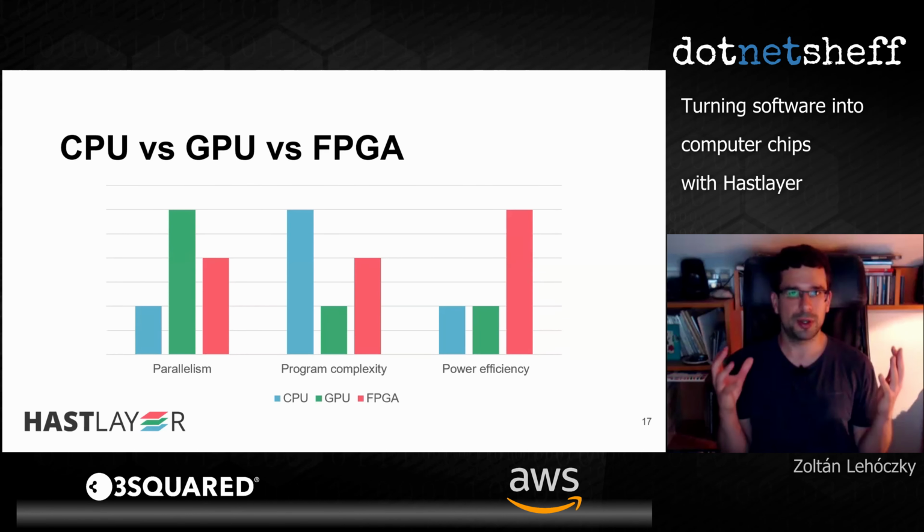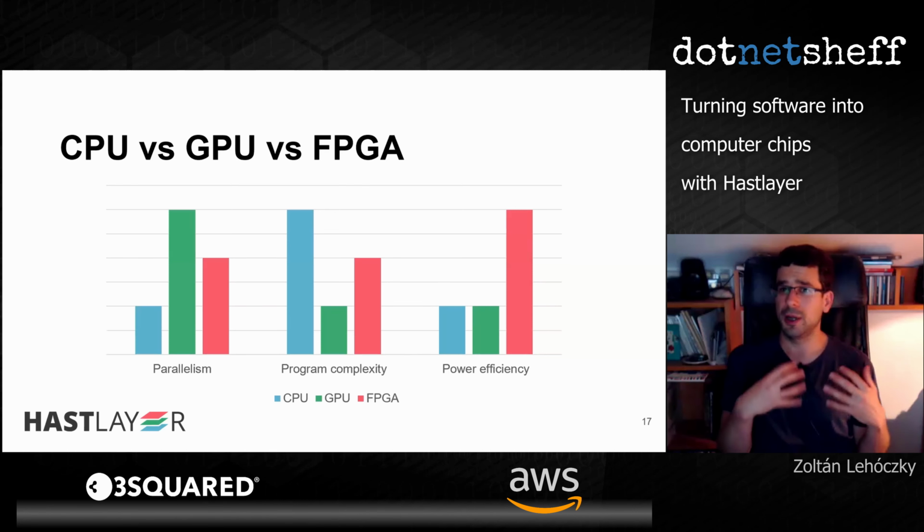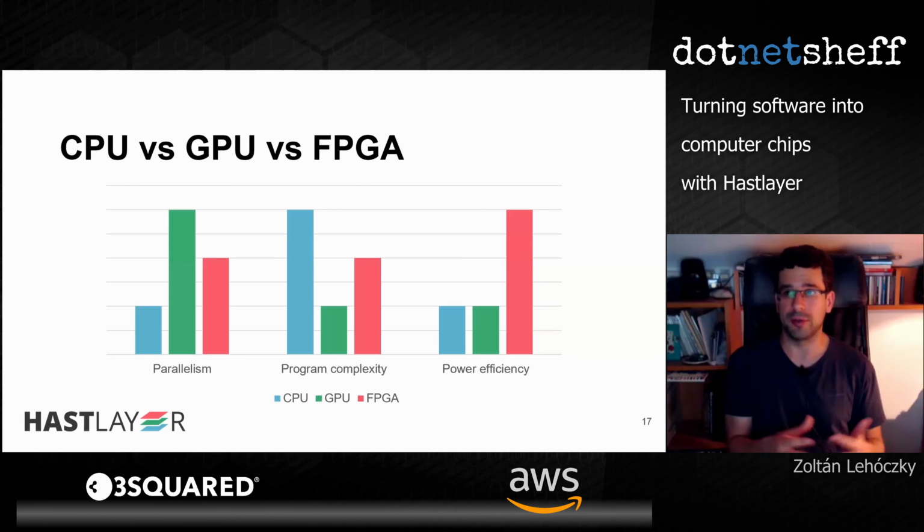A GPU is not a general purpose computing device, although there's something called general purpose GPU, but let's not go into that. Because GPUs are good with certain kinds of computations. That's their goal. They don't have to be good with just any kind of computation like CPUs do. And FPGAs are, again, kind of in between.